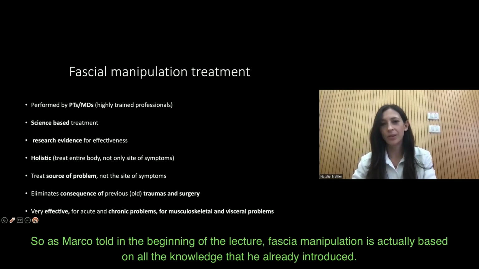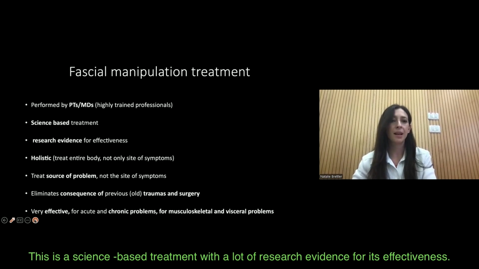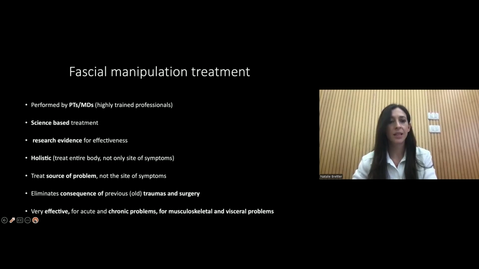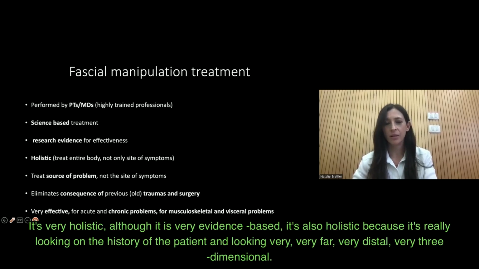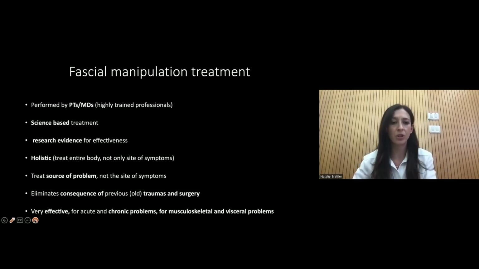So as Marco said in the beginning of the lecture, fascial manipulation is based on all the knowledge that he already introduced. This is a science-based treatment with a lot of research evidence for its effectiveness. Although it is very evidence-based, it's also holistic because it's really looking at the history of the patient and looking very, very far, very distal, very three-dimensional.